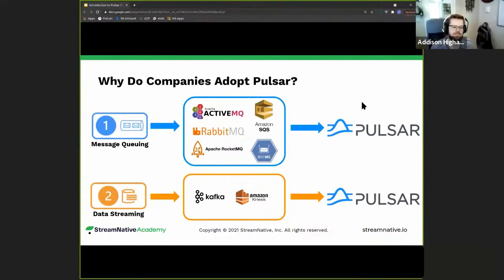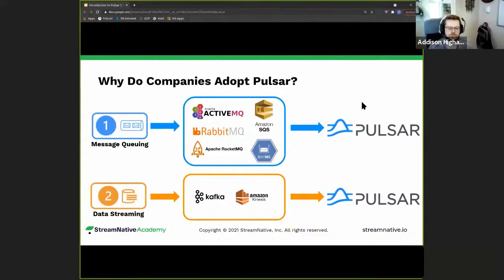So systems like ActiveMQ, SQS, RabbitMQ, more enterprise offerings like IBM MQ or TIBCO, that are adopting Pulsar because it can do scale out, high throughput messaging while still providing all those same capabilities from more powerful messaging capabilities like RabbitMQ, et cetera, as well as these data streaming technologies, things like Kafka, Kinesis, where once again, we have ordered throughput requirements and high throughput and delivery guarantees of being able to replay and persist messages for periods of time.